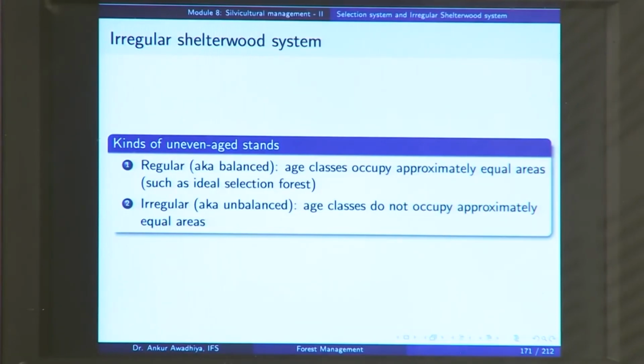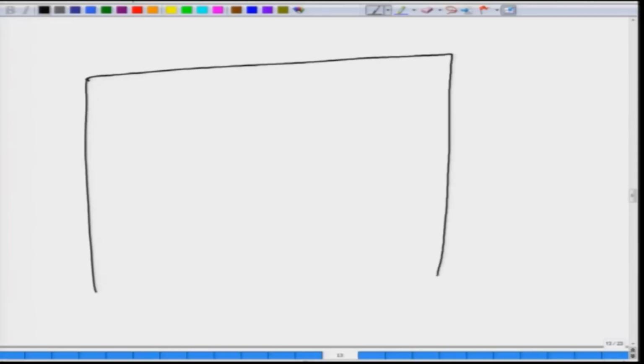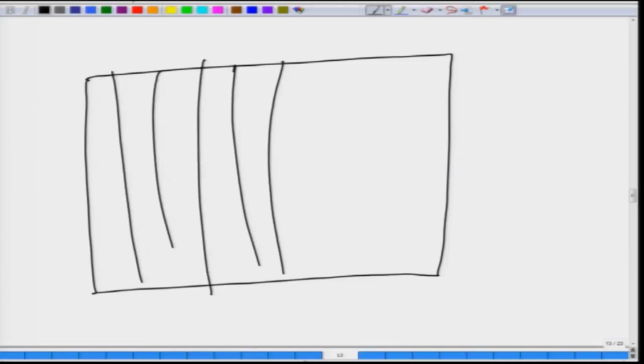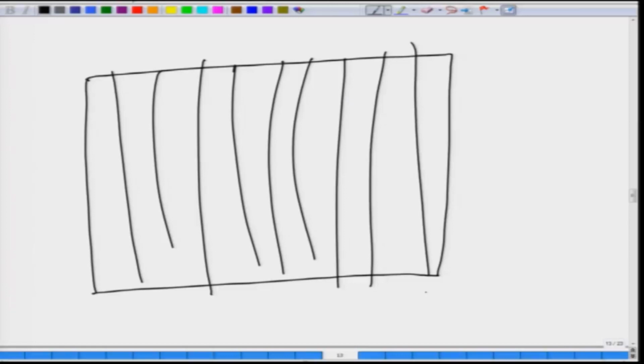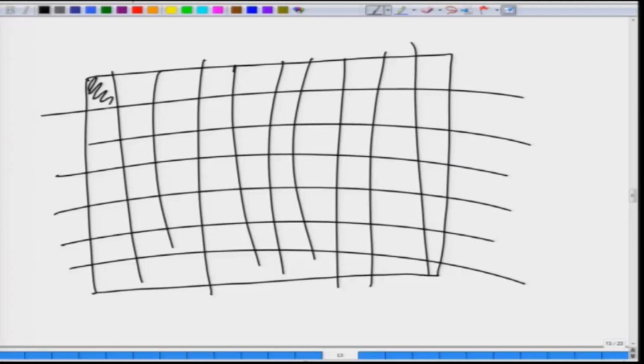So, for instance, if you have a forest, let us divide it into a number of small portions of equal areas. Suppose you divide it into say 100 equal areas, and in each of these areas you raise an even aged crop. Here you have an even aged crop of 1 year, here you have 2 years, here 3 years, here 4 years, and so on till this one that has an even aged crop of 100 years of age.